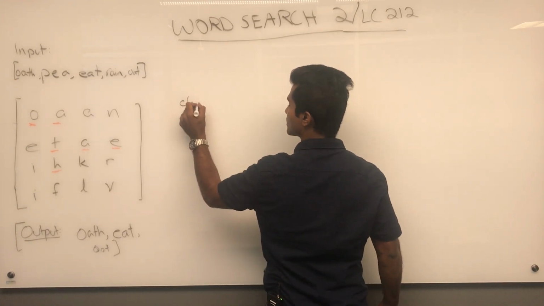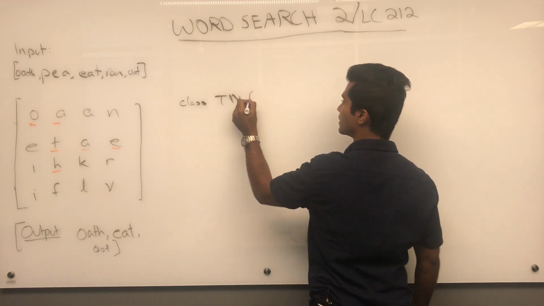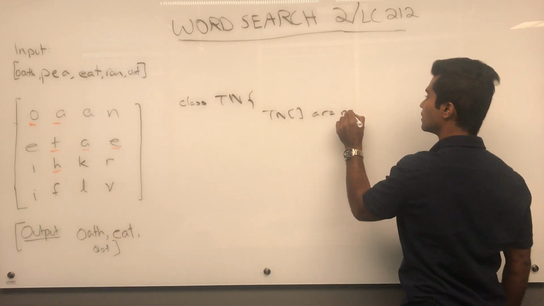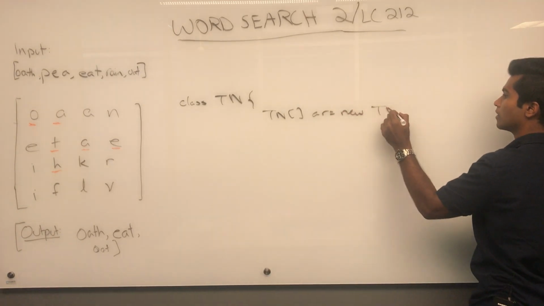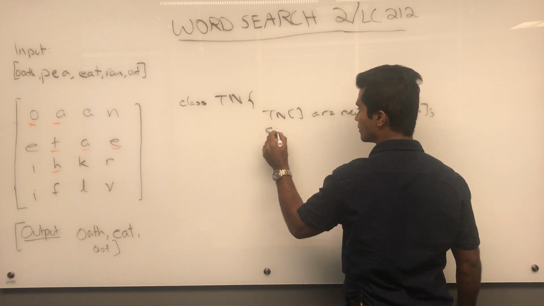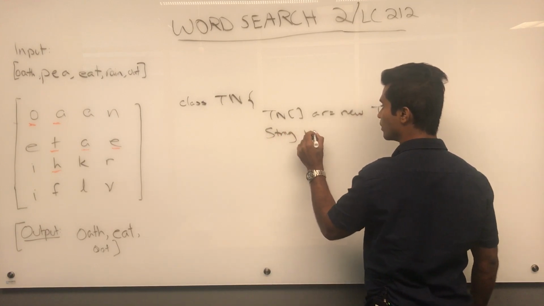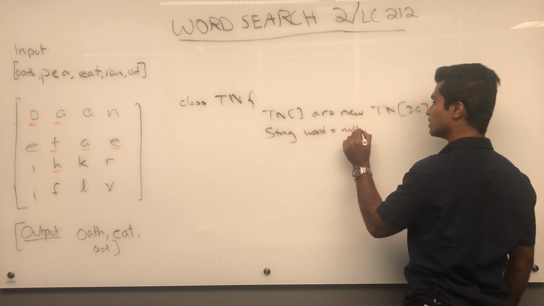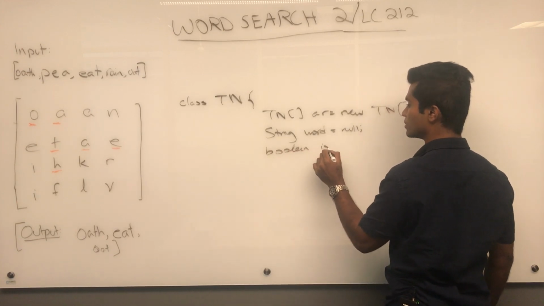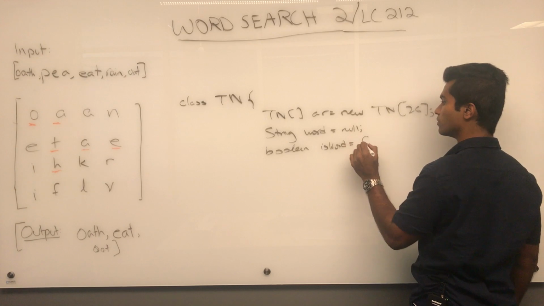So the class TrieNode, I call it TN, is going to have an array of trie nodes, initialized to size 26 for 26 letters, and then it's going to have a string word that is null. We're going to have a boolean isWord that is false.